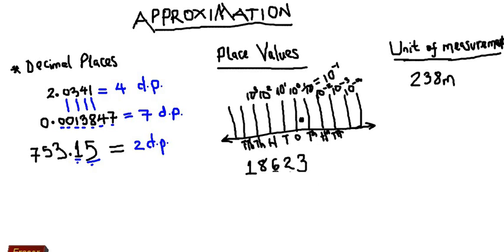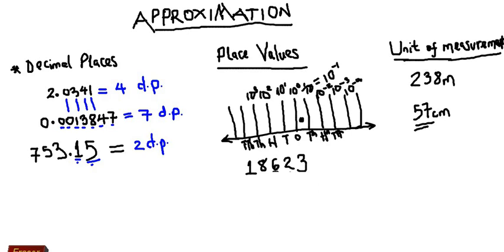Or for example, we say we are measuring and we have found 57 centimeters. Then we say we round it off to the nearest meter. So that would mean we want to express this 57 centimeters in terms of meters to the nearest accurate value.